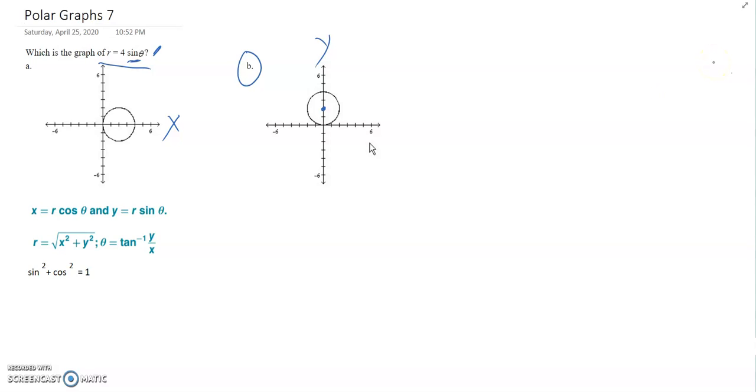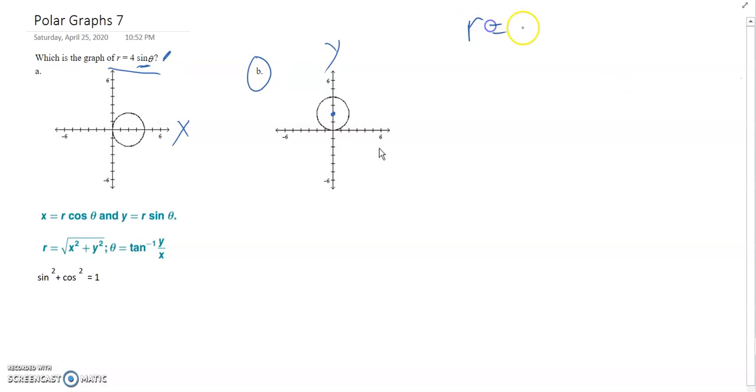So let's say here that we have r equals 4 sine theta, and I just want to start plugging in some pieces. This looks very similar right now to this. All I need is an r, and then I could replace it with y.